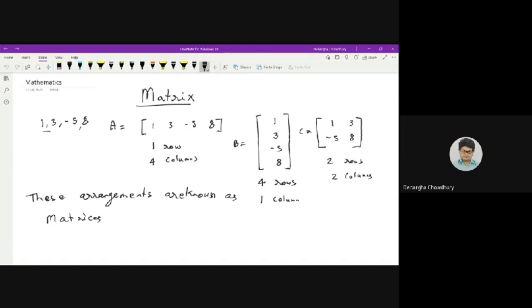But these are basically just an arrangement of elements in rows and columns.